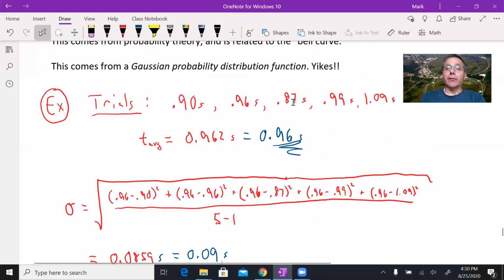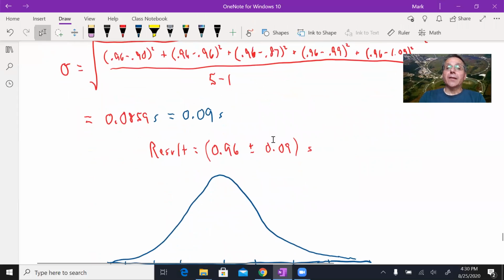Notice, you have a low of 0.87 seconds up to 1.09 seconds. That's pretty typical if you're using a stopwatch in a high school science class. You see numbers spread like that. Well, this is the right way to quantify it. And this uncertainty tells us something more about the data that we're using to figure out the result and our conclusions.